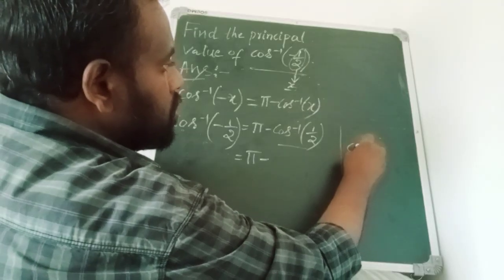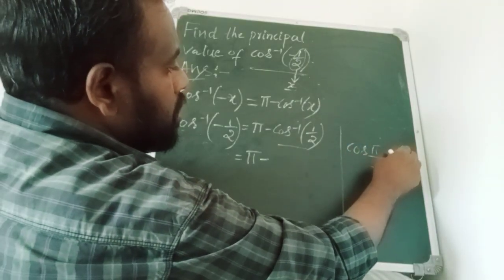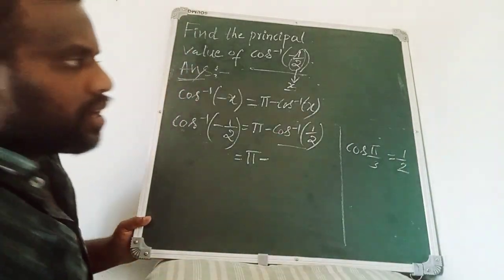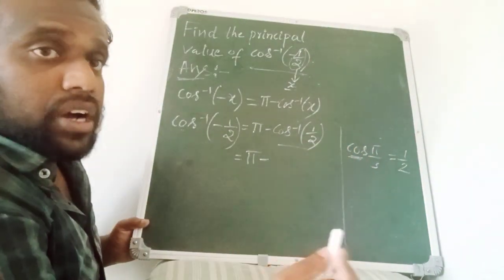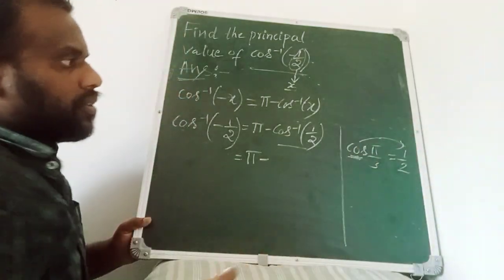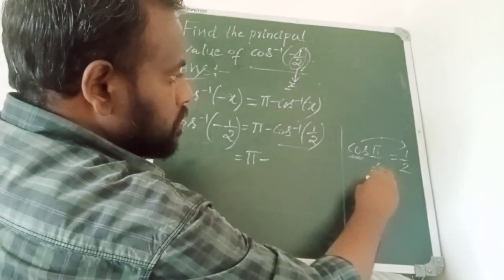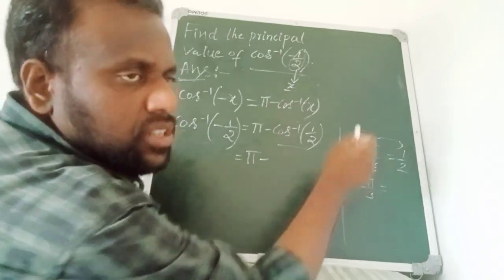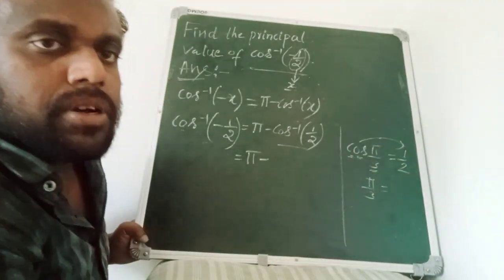So we have cos pi by 3 is equal to 1 by 2. Now cos is a function, so we move it to the right side. Since cos is a function, when it is moved to this side, cos will become cos inverse.